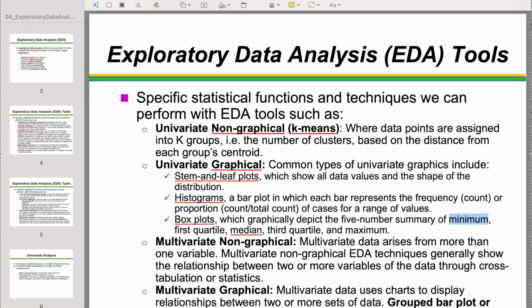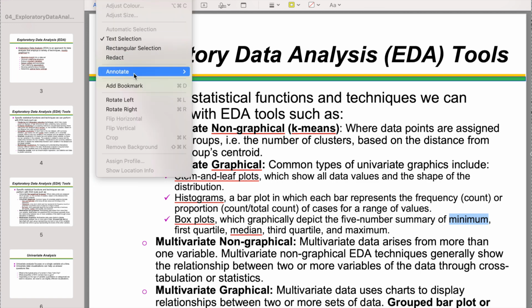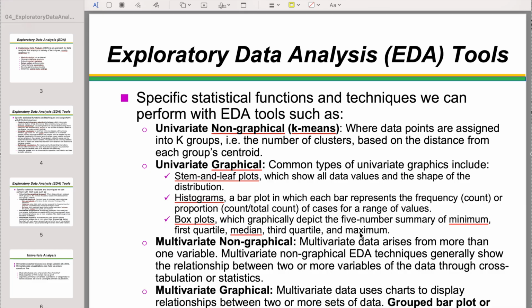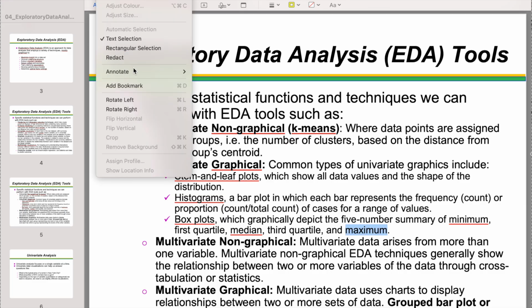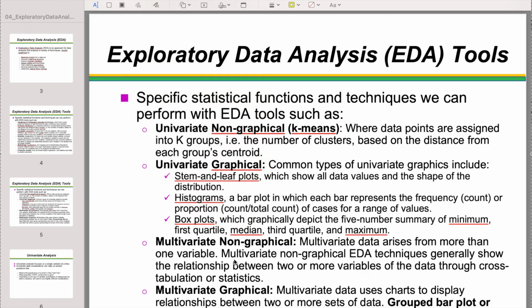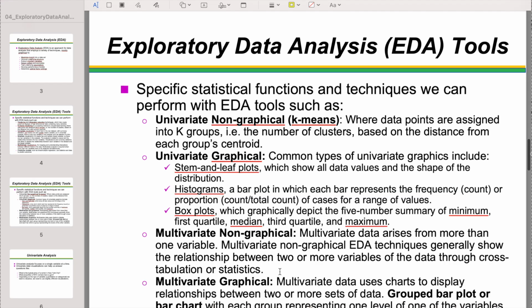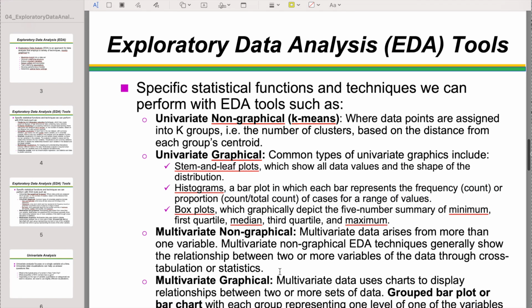So with the box plot, we will have minimum, maximum, the median point, and some other ones in between, like first quartile and third quartile. So these are specific tools that can be used.